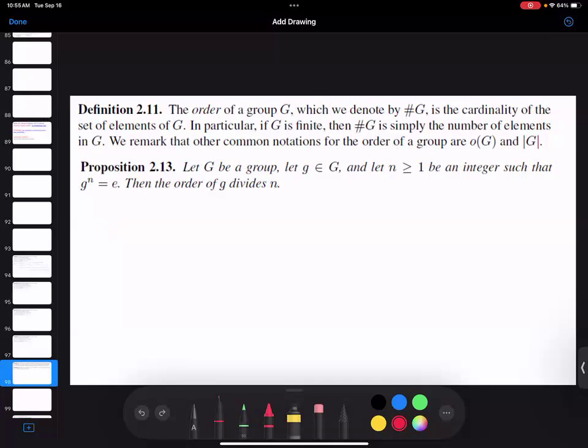So for instance, if the order of G equals 50 and g is in G, can g to the 7 equal the identity? What do you think? Is that possible? I have a group.